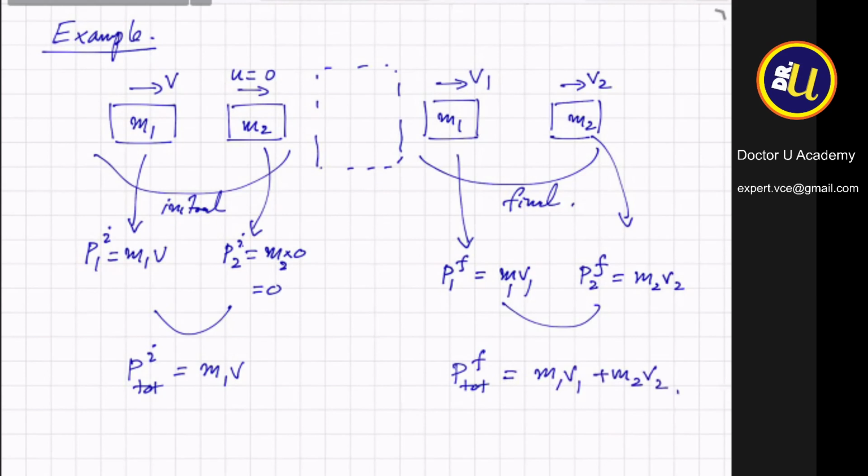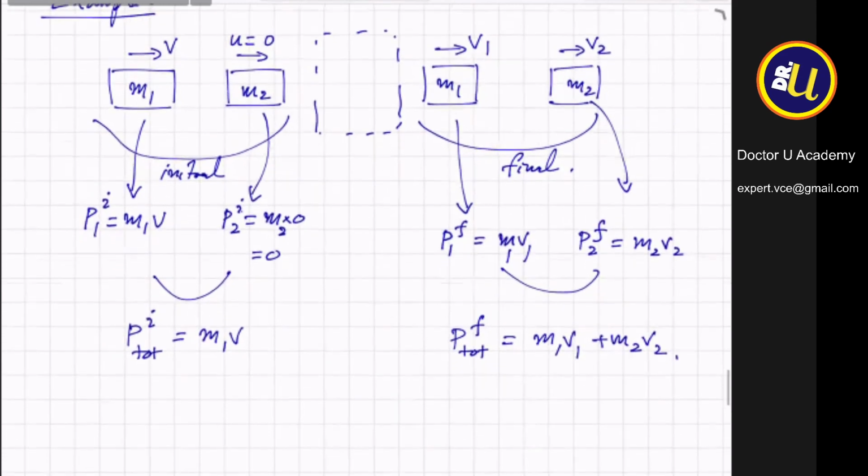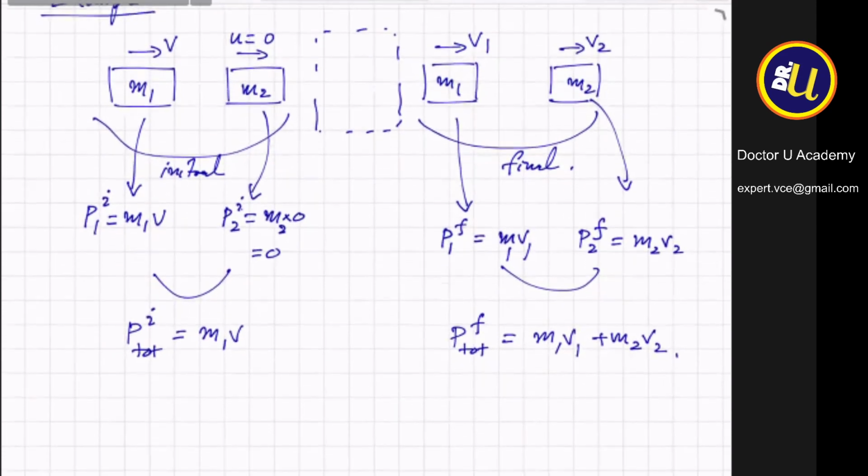So now you can see in this process, you don't see any external force acting on this system. So F net force or external force is 0 here. So that implies you can use momentum conservation.